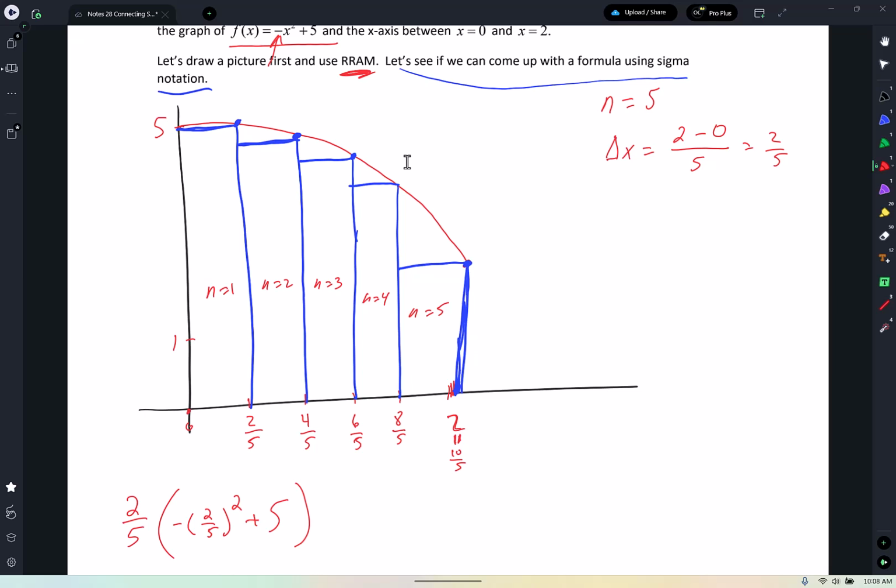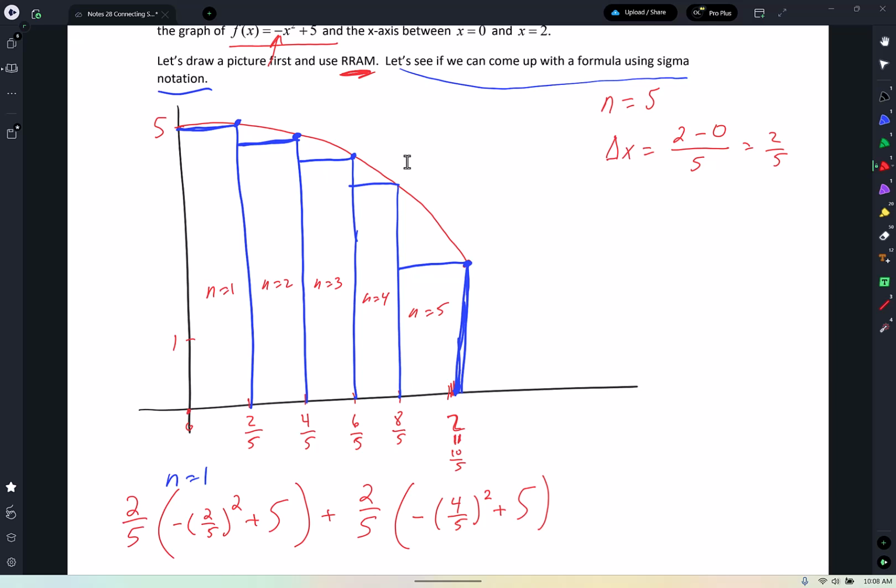So I'll go ahead and put this as n equals 1, plus 2/5, open parenthesis, negative on the outside, 4/5 squared plus 5. Do you guys know what I'm doing? No? Okay, I'll stop.